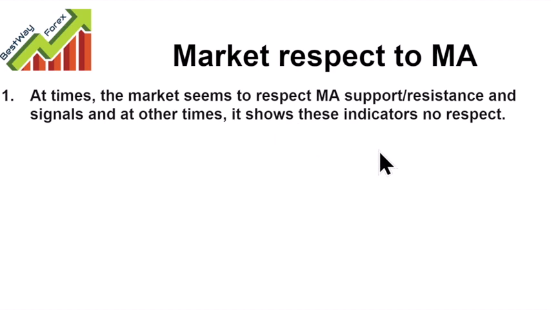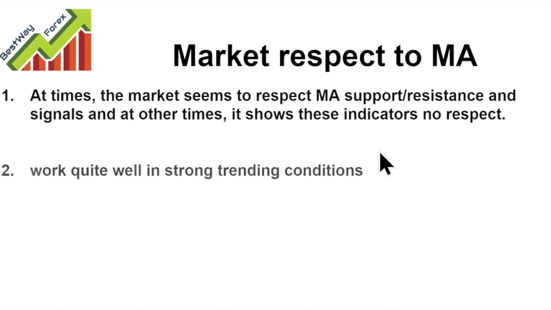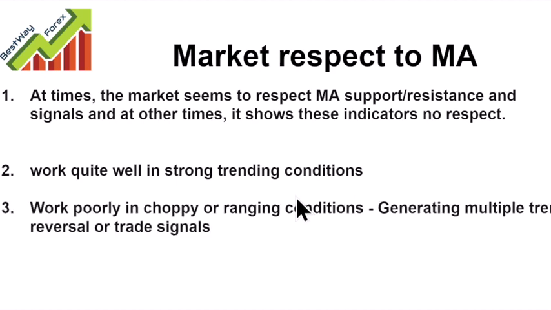So keep that in mind. When you have strong trending conditions, that gives you very powerful signals that will be very good. But it works very poorly in choppy and ranging conditions, generating multiple trend reversals or trade signals.